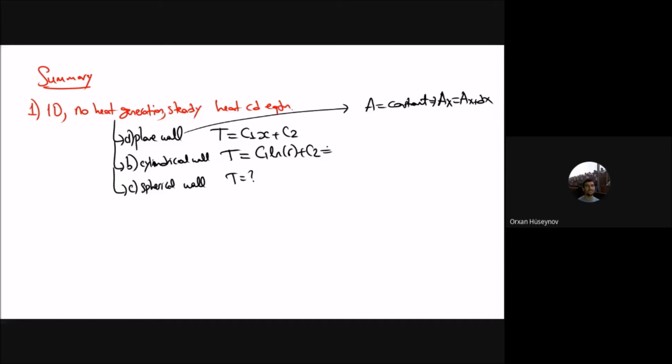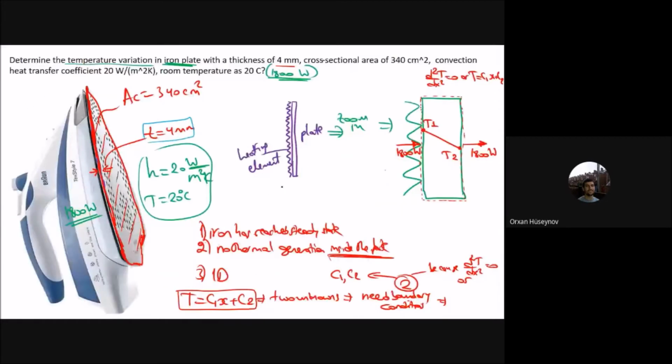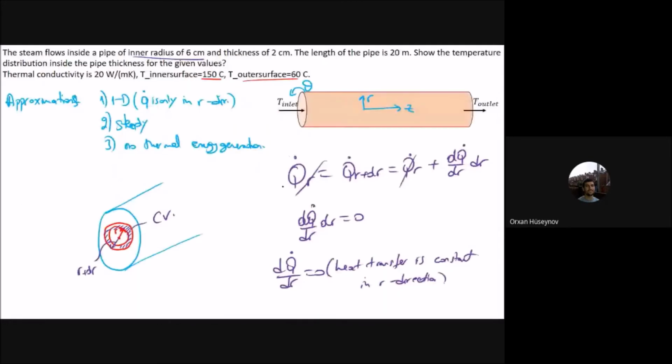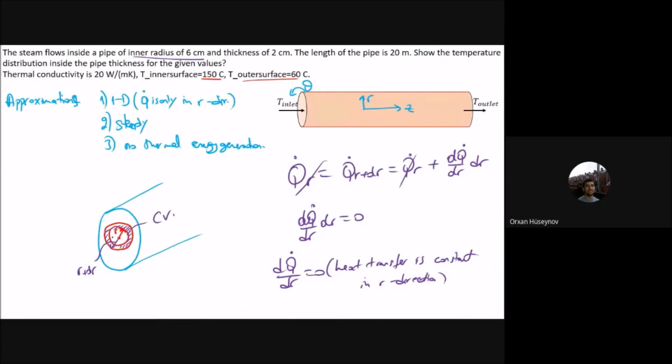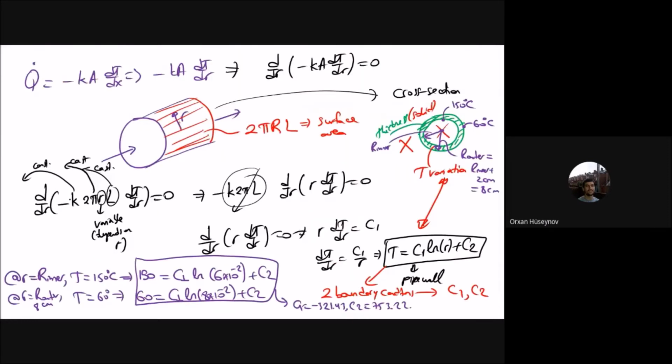But for the cylindrical wall, that is not the case. If I go back to the cylindrical wall here, you can see that the area at r and the area at r plus dr are different, because the area increases in the r direction. The area at r is 2 pi r times L, and the area at r plus dr is 2 pi times r plus dr times L. So here the area is not constant.